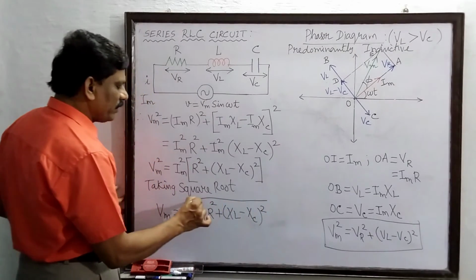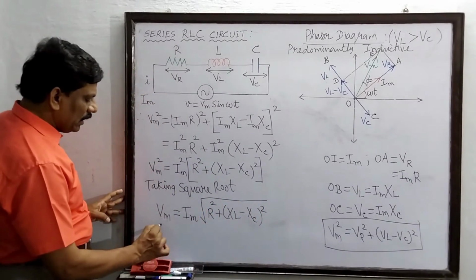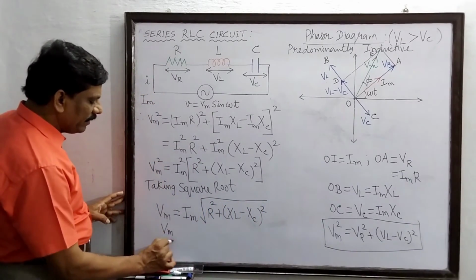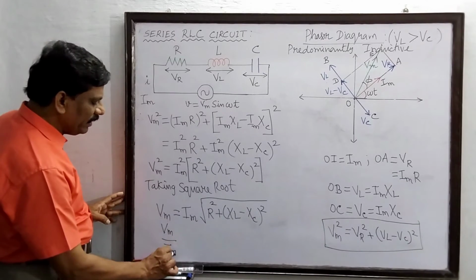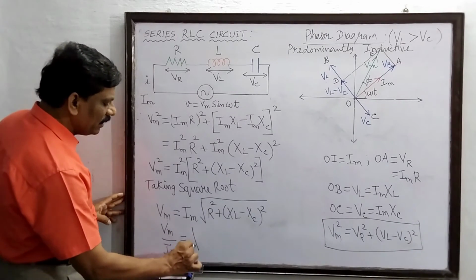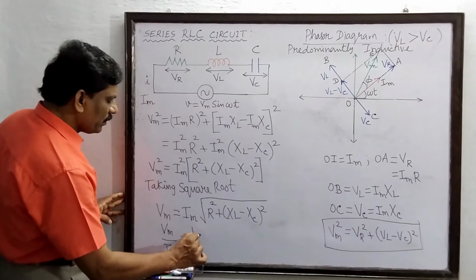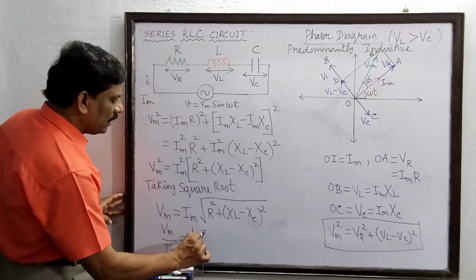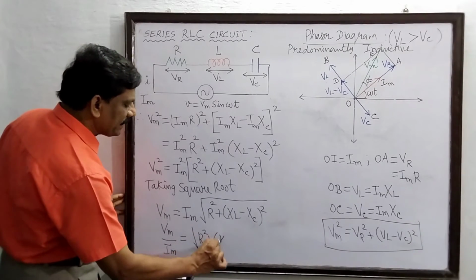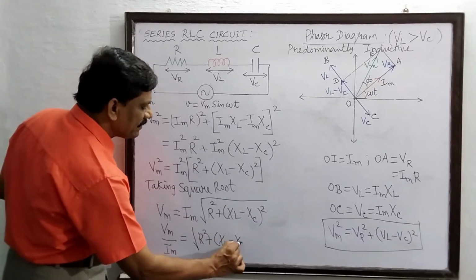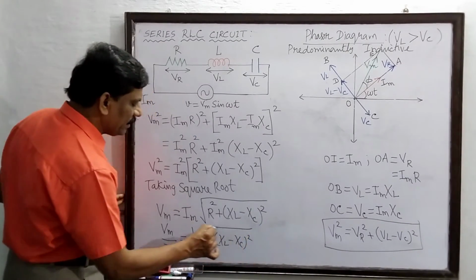So Vm divided by Im is equal to the square root of R square plus (XL minus XC) the whole square.